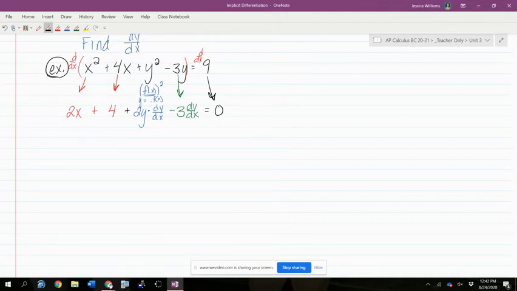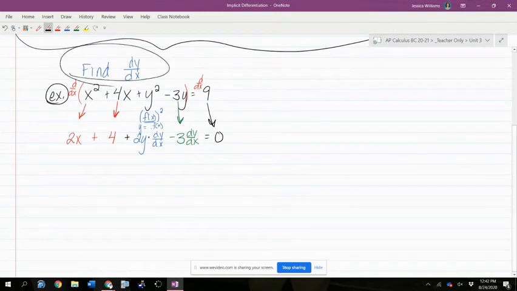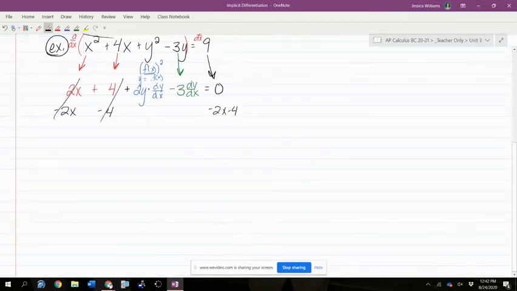I do want to take you through the algebra of solving, like we're supposed to go find dy dx. We need to solve for dy dx and get it alone. So I'm going to take you through that algebra once. I'm going to start by subtracting everything that does not have a dy dx on it, so I'm going to subtract that from both sides. Those are gone.